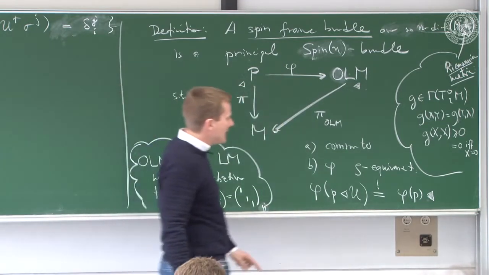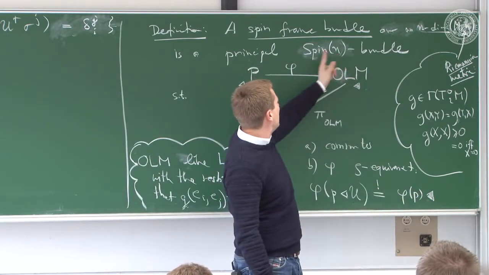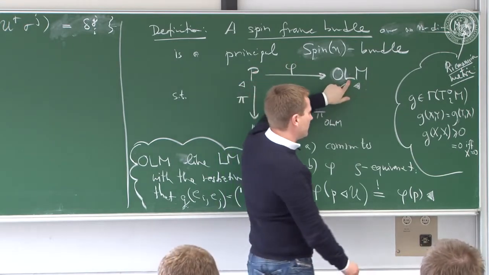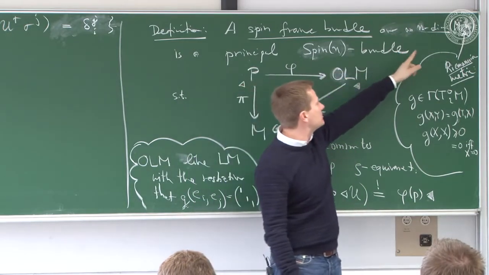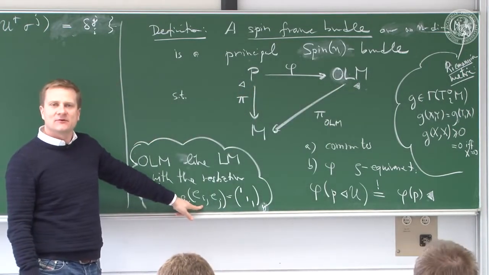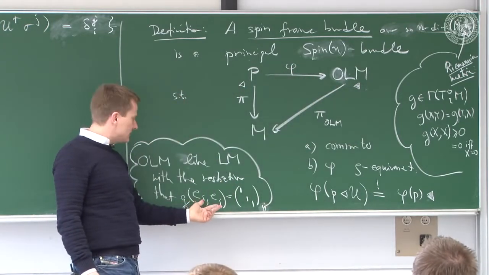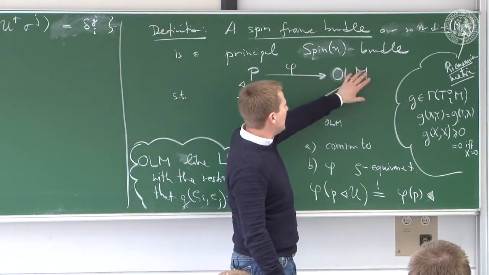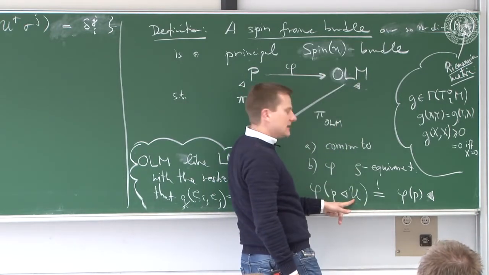It's a different bundle. But I cannot act on here with Spin(n), because Spin(n) only acts on here, well, by definition it acts on here. But I can, of course, act on here with SO(n), if this is an n-dimensional manifold. And that will keep this definition invariant. If I act with SO(n), I don't upset this, because SO(n) at the point is exactly designed to keep this invariant. So really by acting with SO(n) here, but how do I make the u that is in Spin(n) into an element of SO(n)?